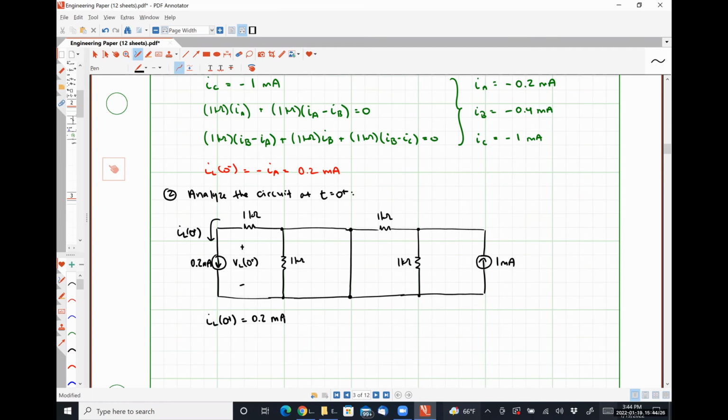So the only other quantity that we are interested in here is that voltage. Anybody have any thoughts on calculating it? Carter.